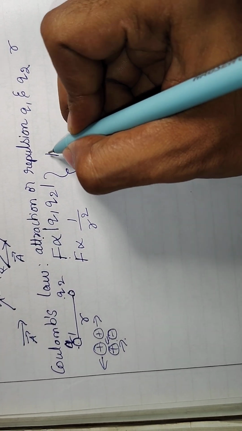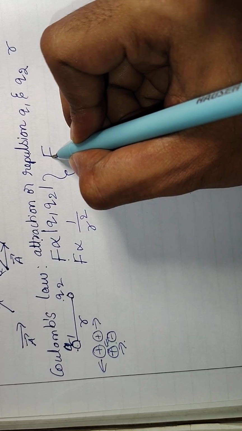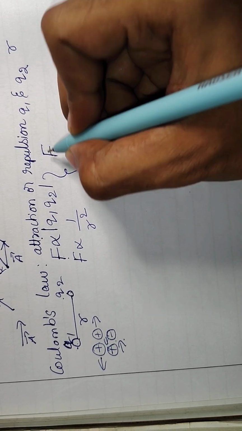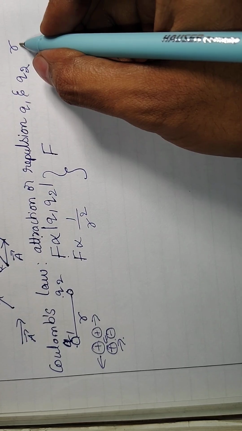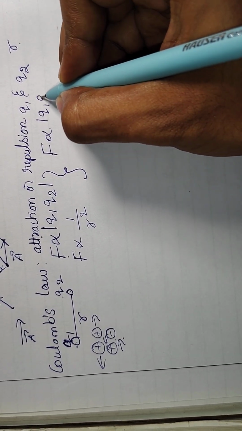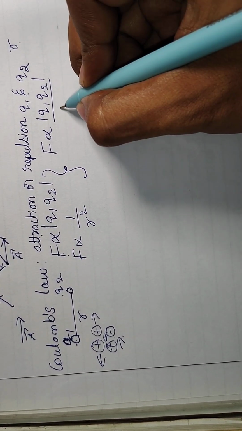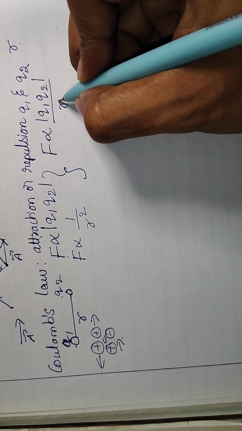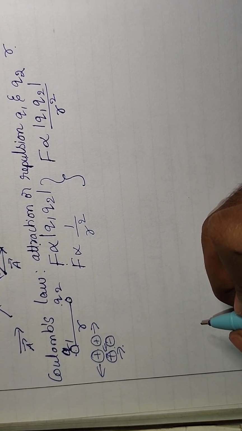You can write it as: the electrostatic force of attraction or repulsion between two charges q1 and q2 separated by a distance r is directly proportional to the product of the magnitude of charges, and it is inversely proportional to the square of the distance between the two charges.